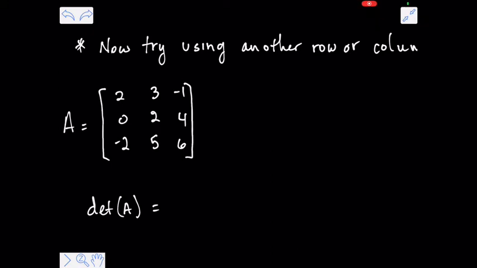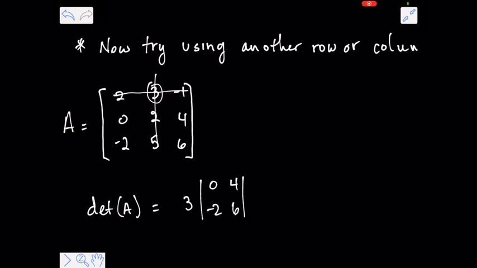So if I'm going to use this column here, then I've got to find a cofactor for each entry there along that column. So for the first one, for this 3, I'm going to cross out the row and column there. So 3, and then the minor is 0, 4, negative 2, 6.